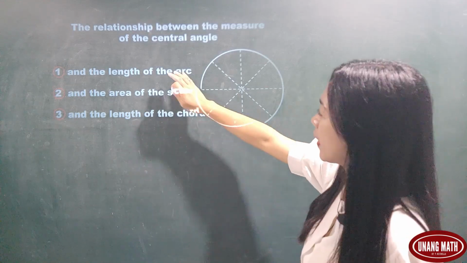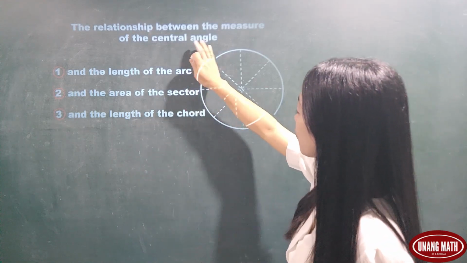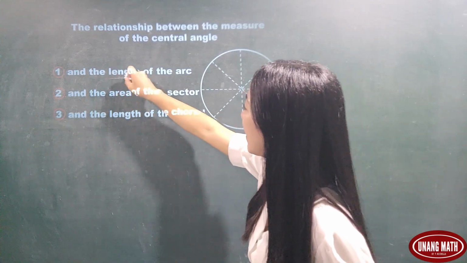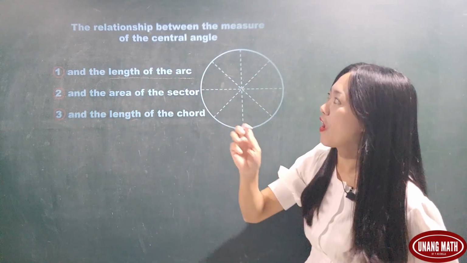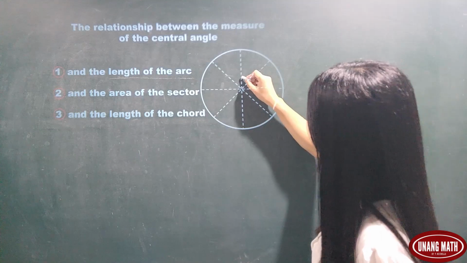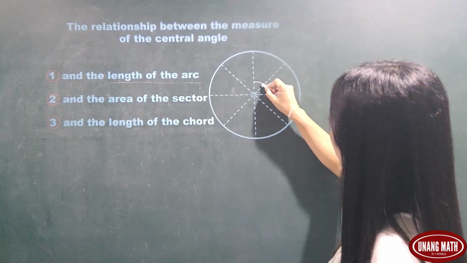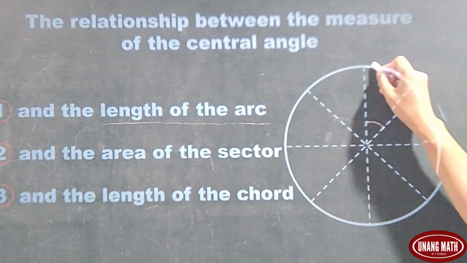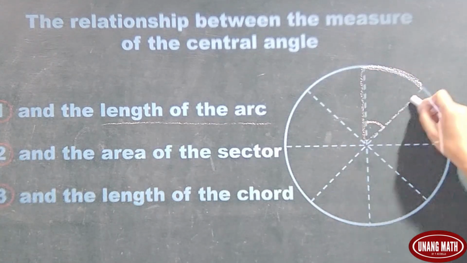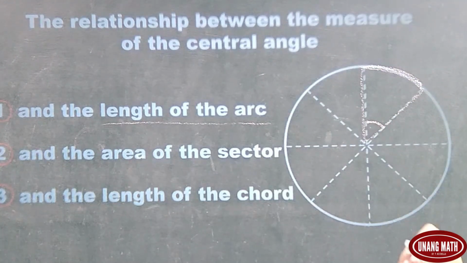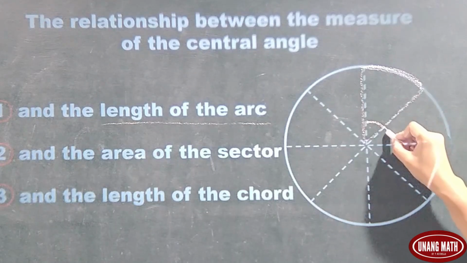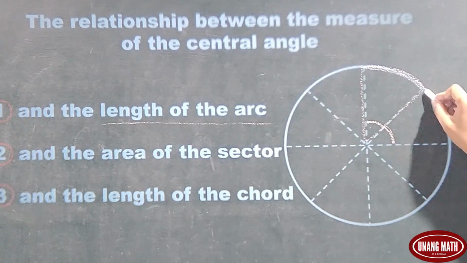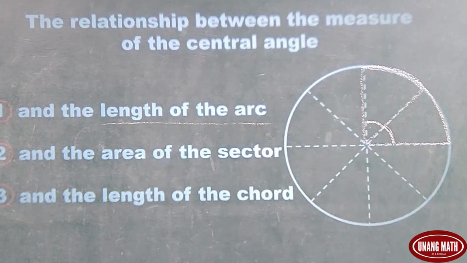Let's start with the relationship between the central angle and the length of the arc. If this is my central angle, then this is the arc of this central angle. If I double my central angle, then the arc also doubles.